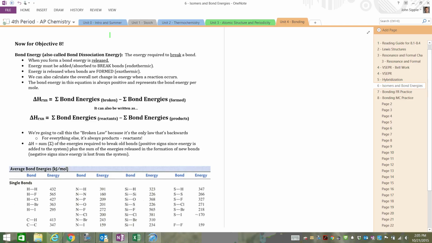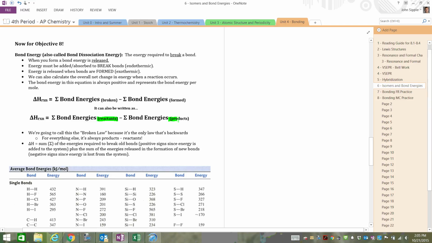To break bonds, you need that little push of energy, activation energy, and so on. But ultimately, we can calculate the overall net energy change when a reaction happens.